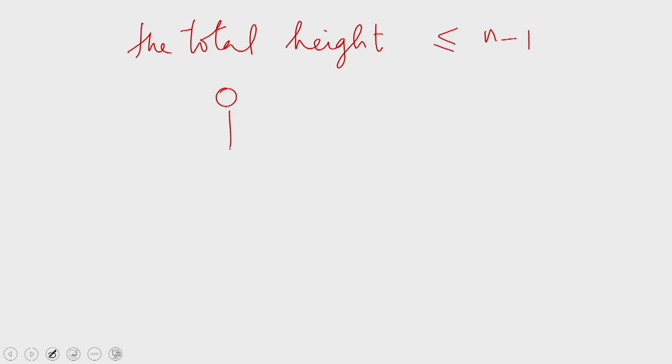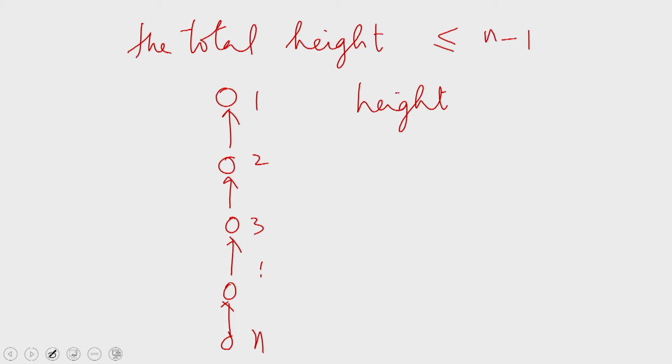This is because the worst that can happen is trees hooking up in this fashion. If the nodes hook up in this fashion, we have a single tree of height n minus 1. Therefore, the total height of all the trees put together is n minus 1 itself.